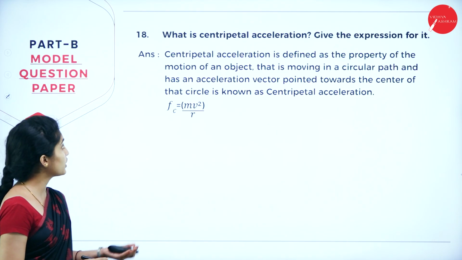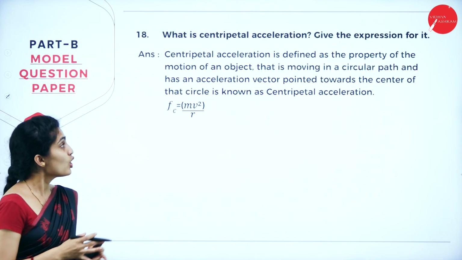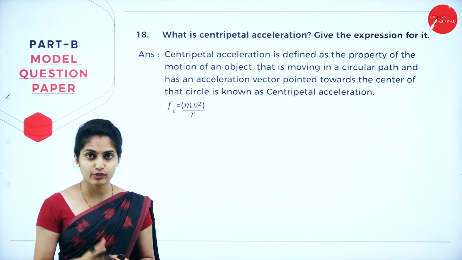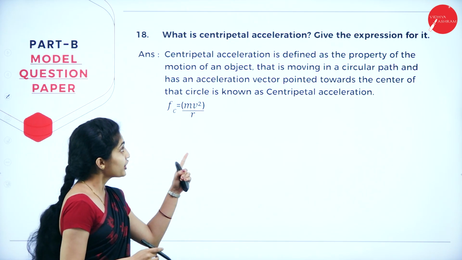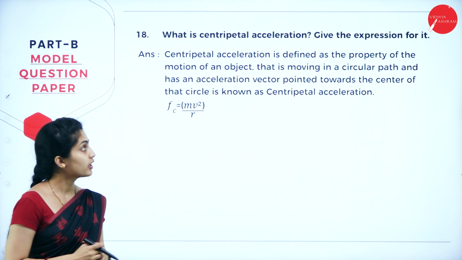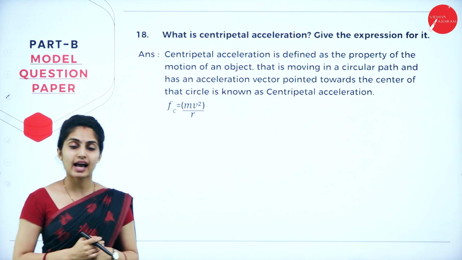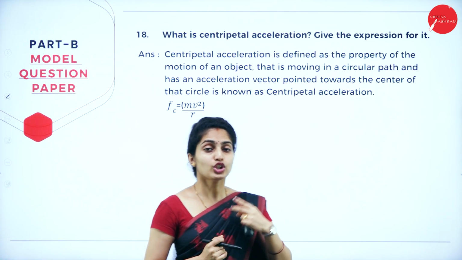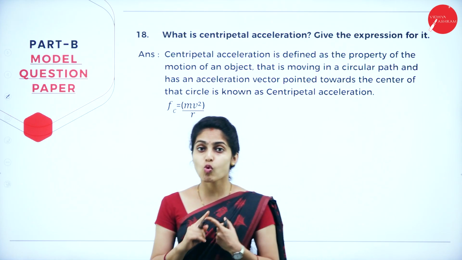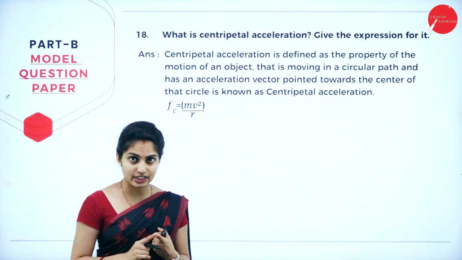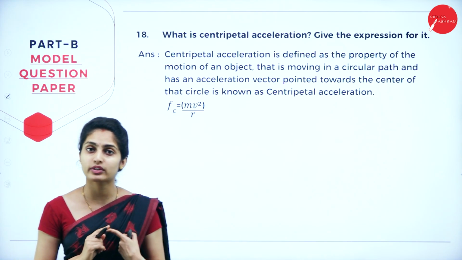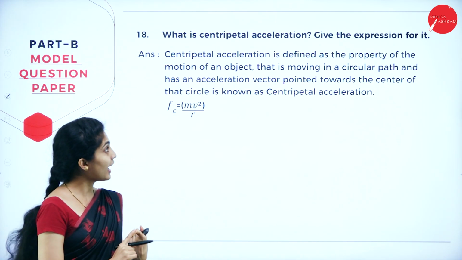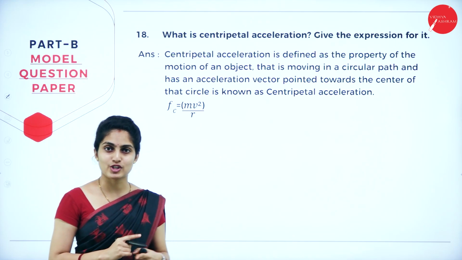Now let us move to the other question, which asks what is centripetal acceleration, and give the expression for the centripetal acceleration. So they have asked 2 things for 2 marks. You have to define what is centripetal acceleration, and they have asked you to give the expression for it.